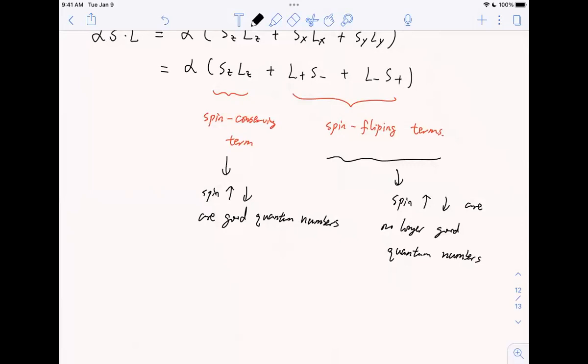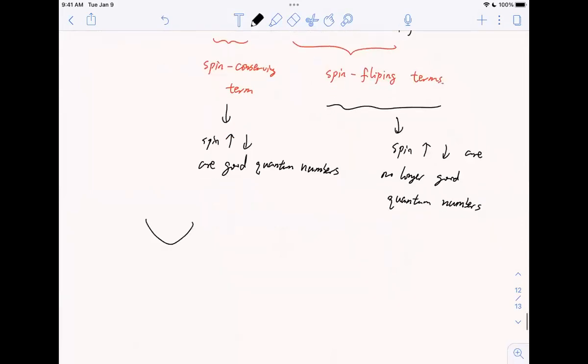If you have an exciton, like if you have two bands, this is up and this is down, this transition is forbidden. The lifetime is very long. Let's talk about a two level system. This is spin up, this is spin down.